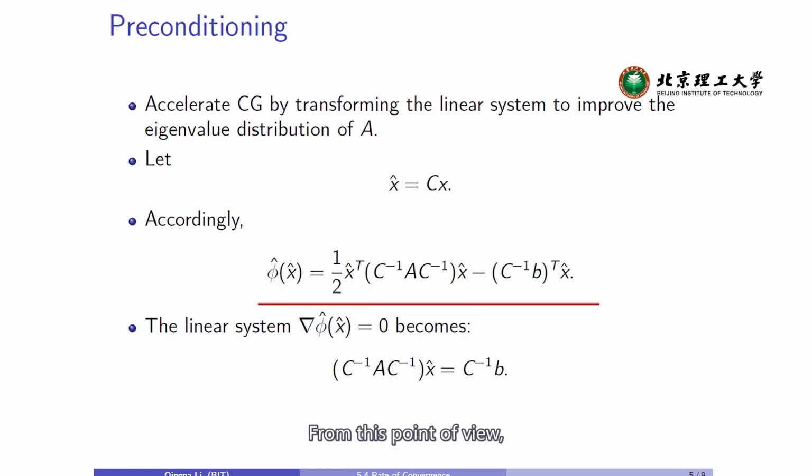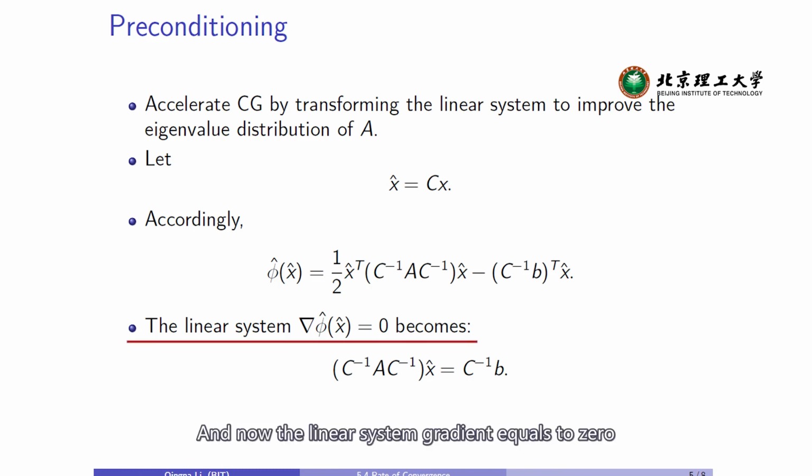And from this point of view, the original matrix A will transfer to a new matrix C inverse A C inverse. So this new matrix, we hope that it has a better condition number. Therefore, by designing a proper matrix C, we can improve the condition number of A. And now the linear system, gradient equals 0, will become the new form here.